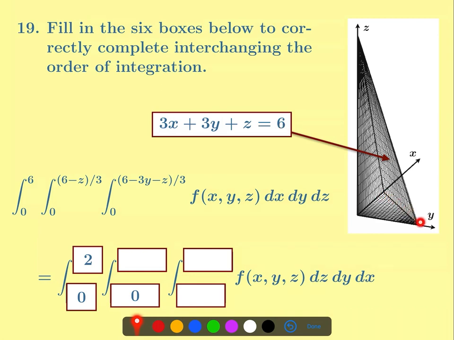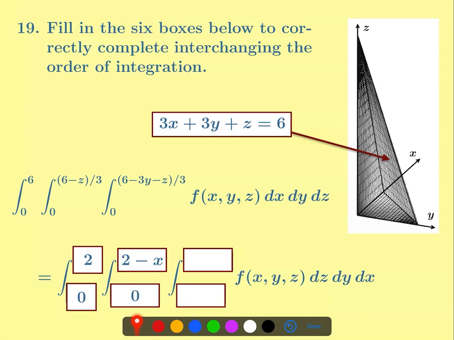So that's this line. x plus y equals 2 is the intersection of the plane with z equals 0, the xy plane. So we're going from y equals 0 to y equals 2 minus x. So y is going from 0 to 2 minus x.